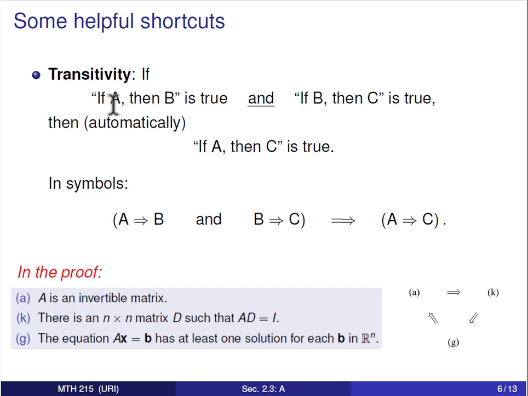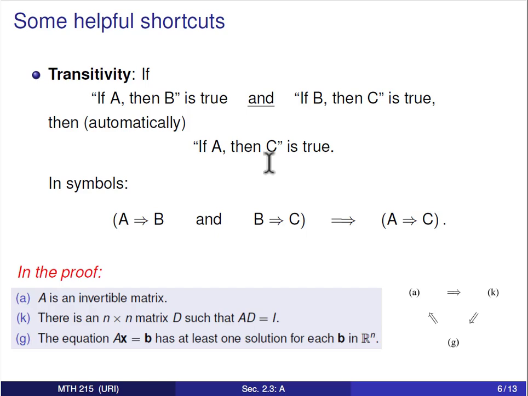So hopefully you can see the pattern here. We have if A, then B, if B, then C, and we're linking these two. If A is true, then B has to be true, but if B is true, then C is automatically true. So we can conclude that if A, then C is also a true statement.